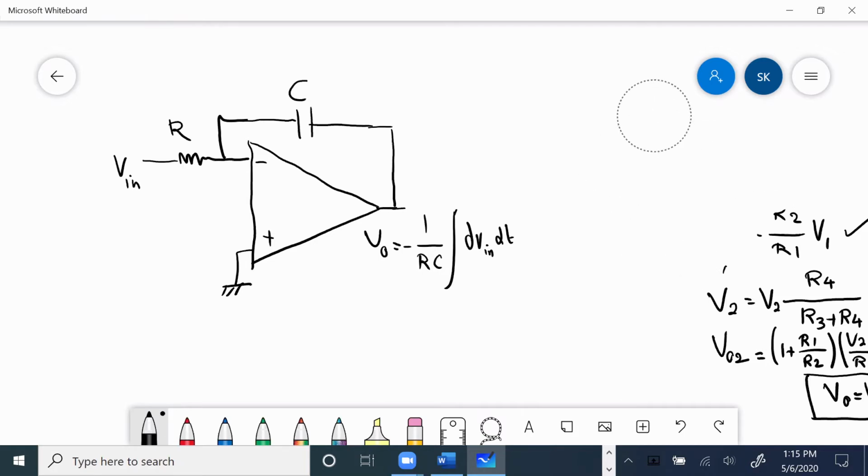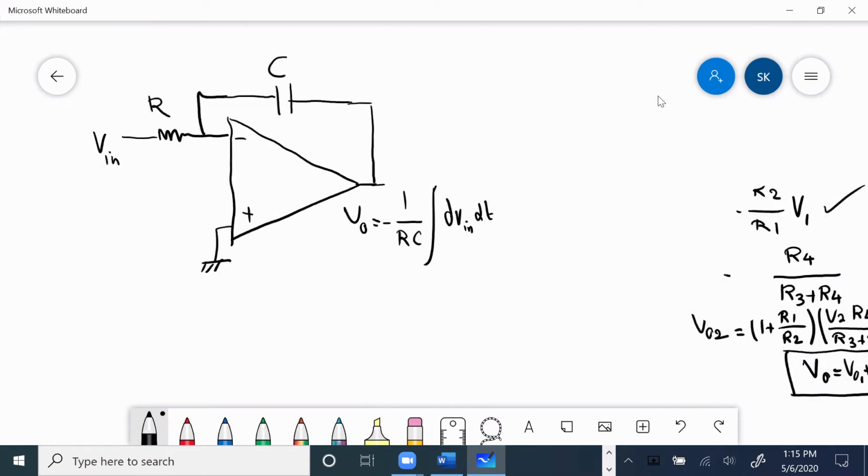That is to say, if we apply a signal there, any signal, what we will receive at that output would be the integral form of that.